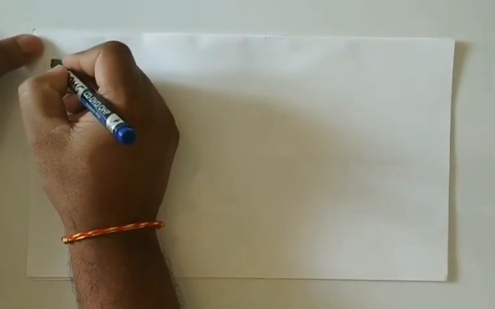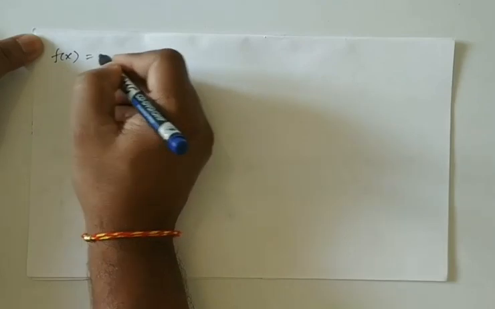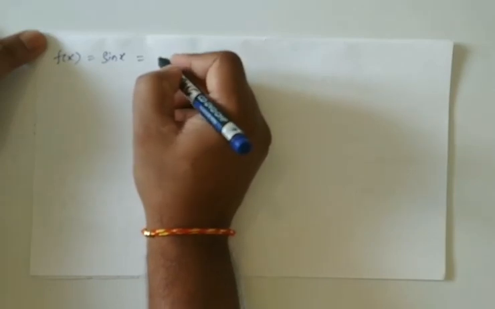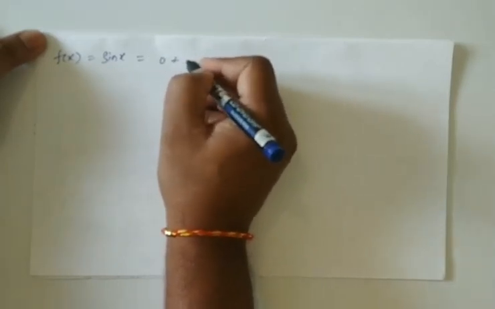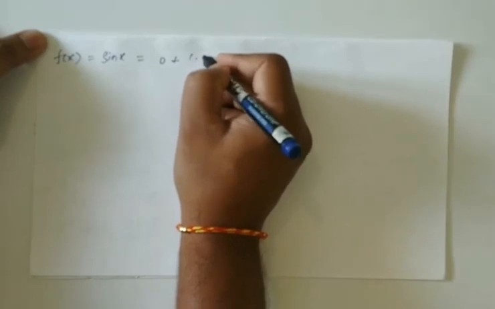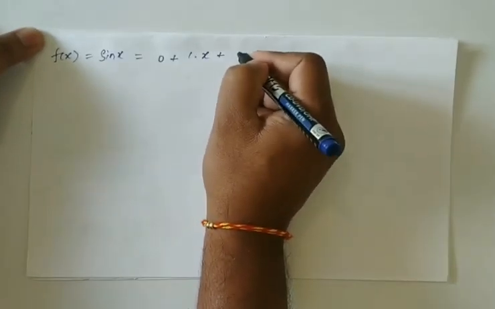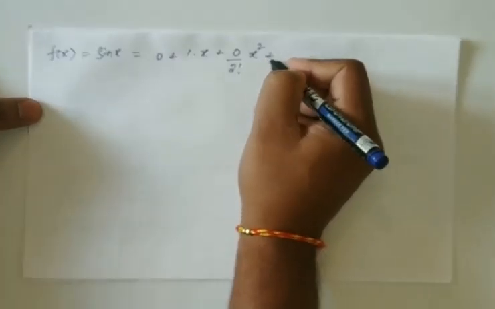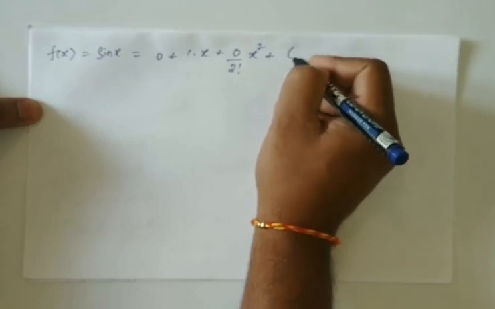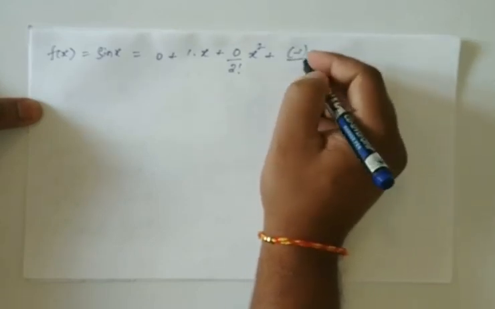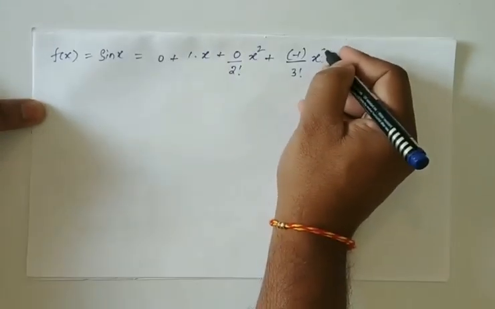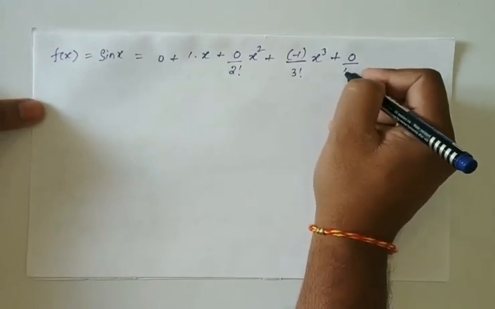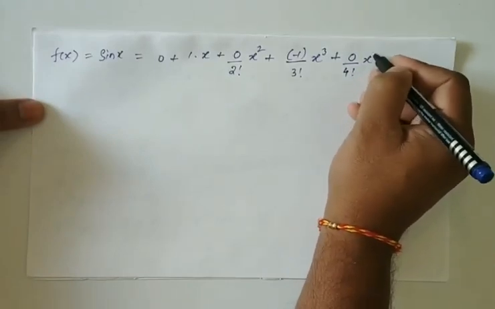Therefore f of x is nothing but sin x. Sin x is nothing but, tell me what is f of 0? f of 0, sin 0, 0, plus f dash of 0, 1 into x, plus f double dash of 0, 0 by 2 factorial into x square, plus f triple dash of 0, minus 1 by 3 factorial into x cube, plus f power fourth of 0, 0 by 4 factorial into x power 4.